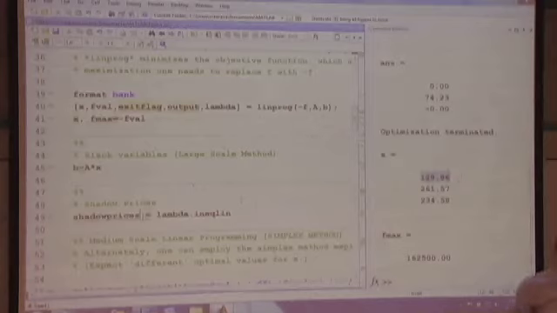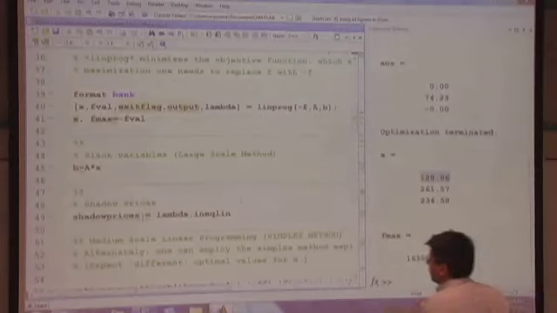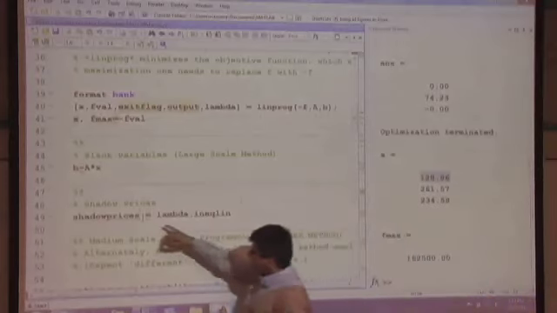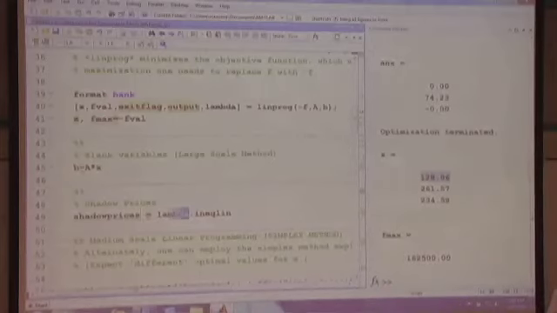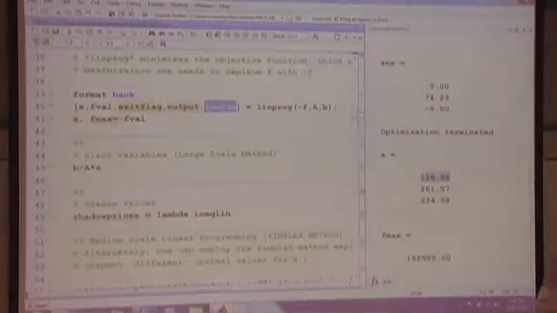Now the last thing is shadow prices. We've talked about this. Let me just run this and then talk. This is the reason why we wanted the lambda to be outputted.